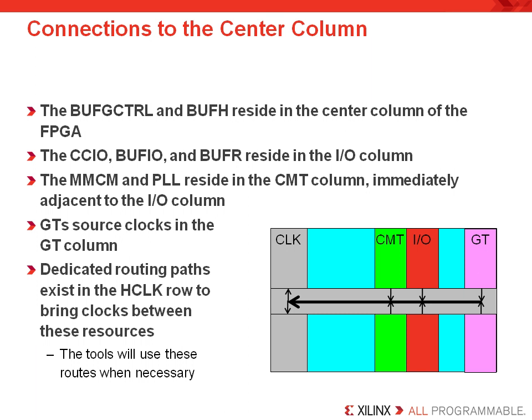And the serial gigabit transceivers' source clocks are located further away on the periphery of the device in their own dedicated column. But the key thing here, shown on this slide, is that all these things are located apart, and there are dedicated routing paths that run between the H clock row to bring clocks between these resources. Now the tools, that's the implementation tools, will use these available routing resources when necessary.